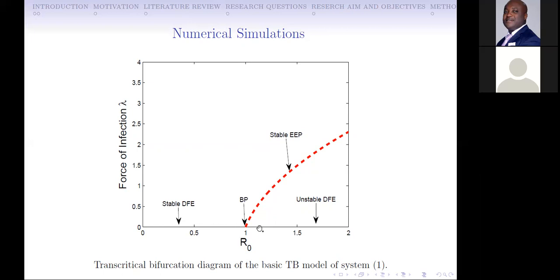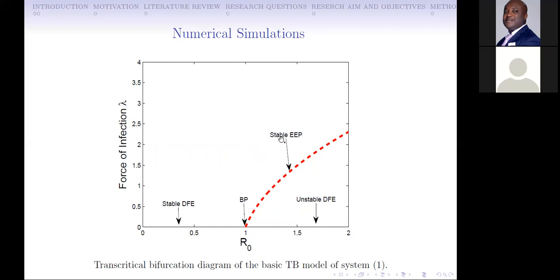R0 less than 1 ensures the elimination of the disease, but if R0 is greater than 1, the disease is endemic and is still in the population. BP here represents the transcritical bifurcation at R0 equals 1.